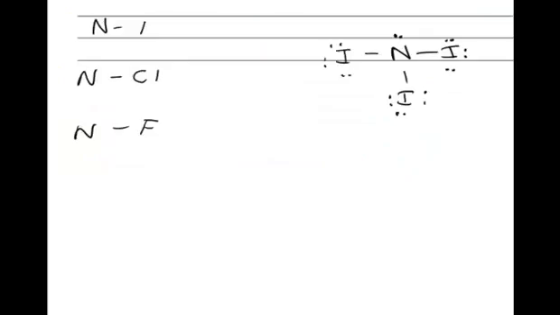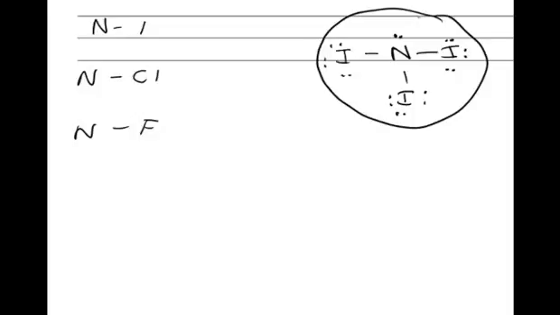Now when we consider these three molecules, they're all going to have a similar shape in terms of they've got three atoms bonded to the central atom, which is nitrogen, and nitrogen has a lone pair. And obviously that means if we've got three bonding and one non-bonding, that's a trigonal pyramid shape, and the dipoles that may be caused by the nitrogen to the iodine are going to end up not cancelling out because it's not a symmetrical molecule, and therefore it's going to be polar.